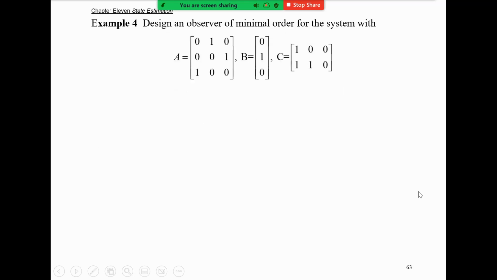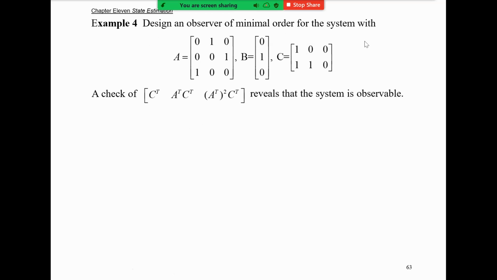Okay, the next one, let's go through a little bit more complicated example. Right here, we have two outputs, but then there's a third order system. And of course, we can check the observability matrix. We know its rank is 3, so it's observable. But first of all, since we have 3 state variables and we have 2 outputs already, how many state variables do we need to estimate?